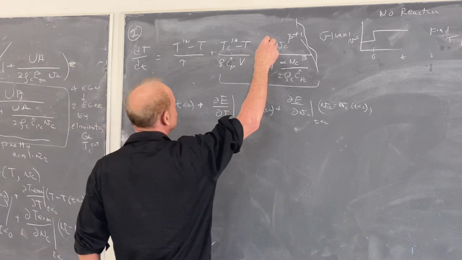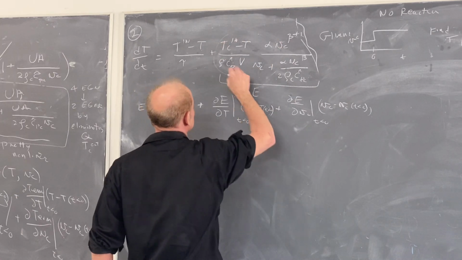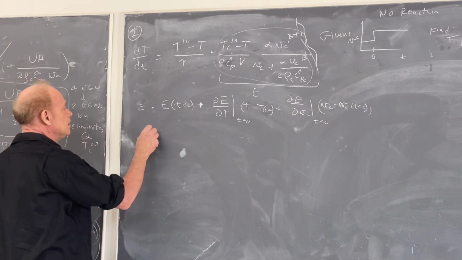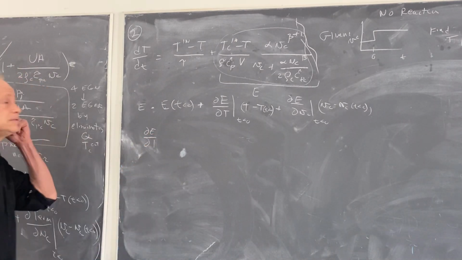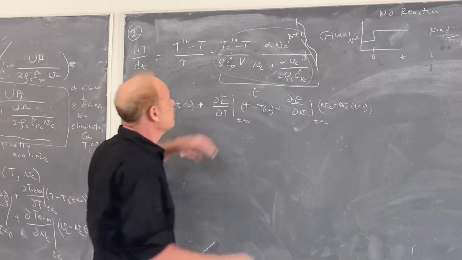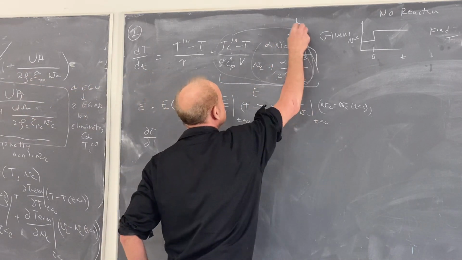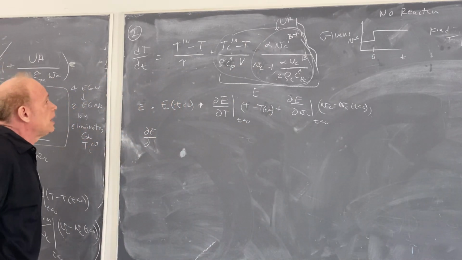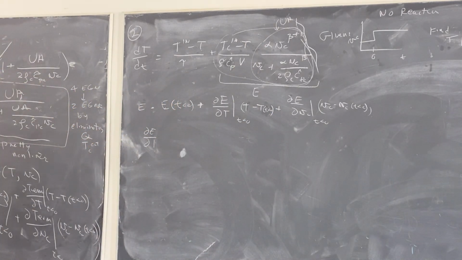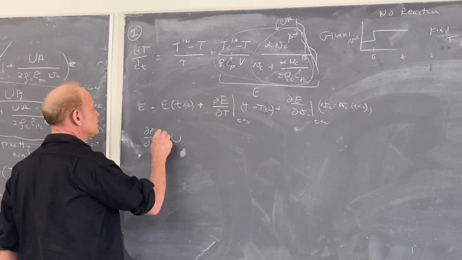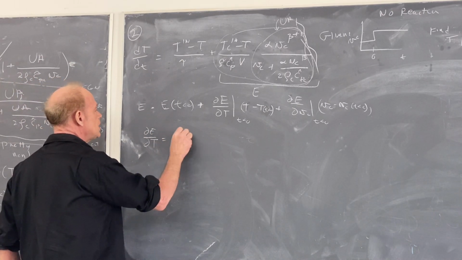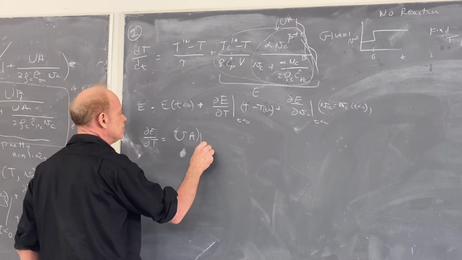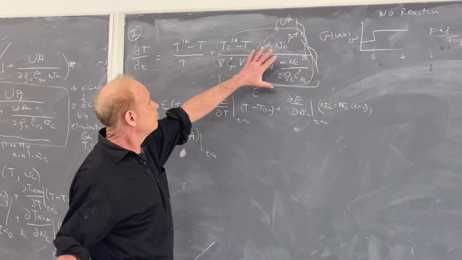Notice that this whole thing, if I take dE/dT, what do I get? This thing, remember, is just UA. So dE/dT is just UA for t less than 0, because this stays the same.